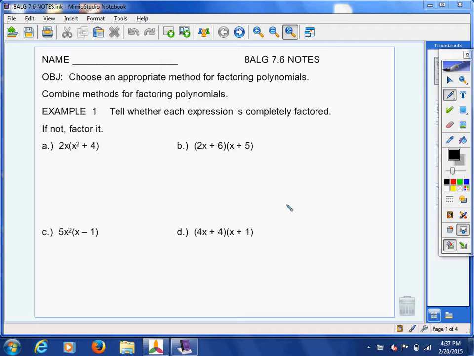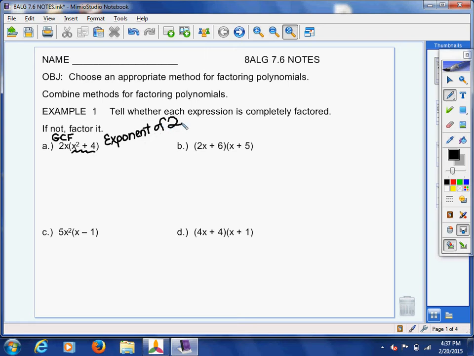There are things you need to look for to tell whether something is completely factored. Let's look at letter A. It looks like they pulled out a GCF here. We've done that. We know how to factor out a GCF. Now, what we want to do is look at the quantity that's left behind. One thing that's a flag for me is I look for an exponent of 2.